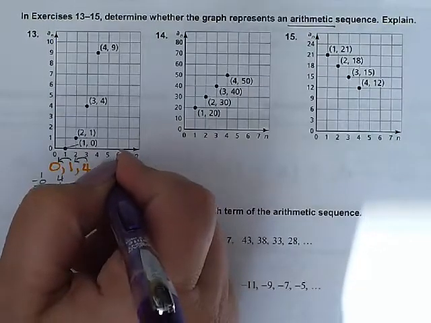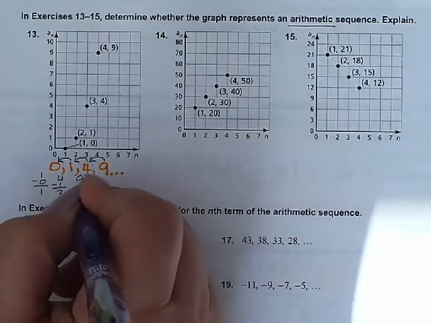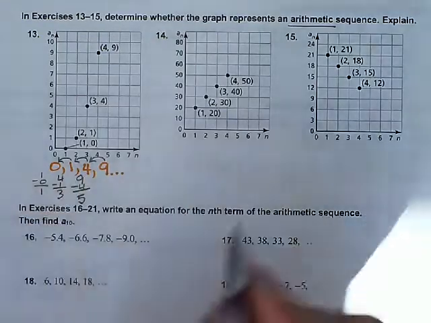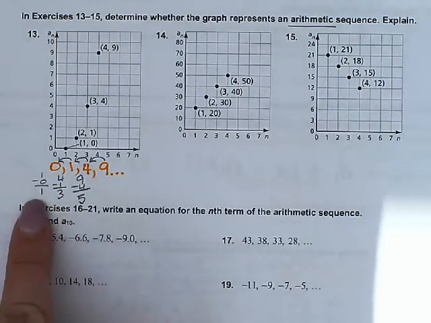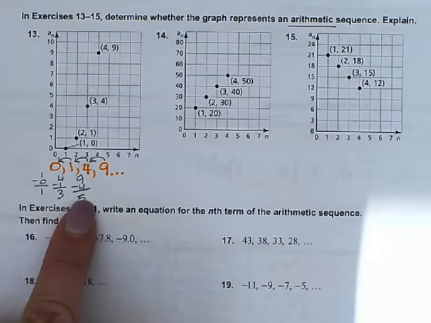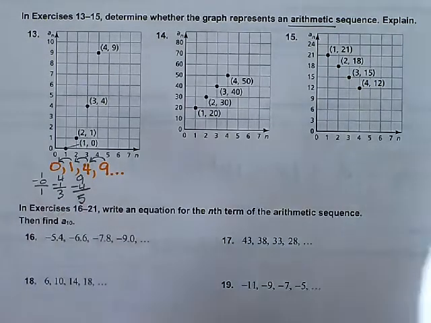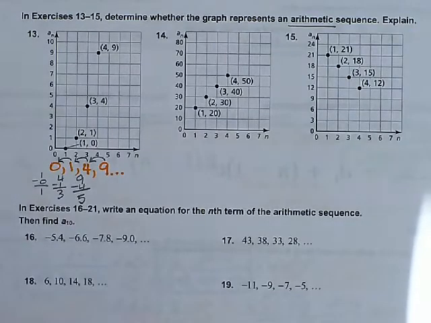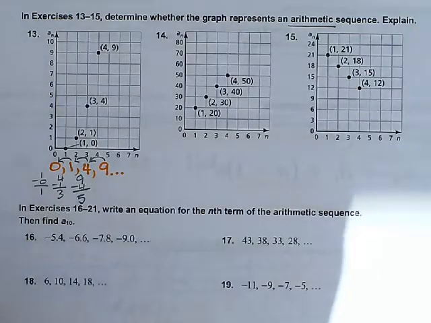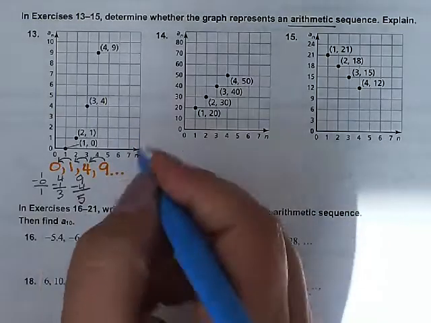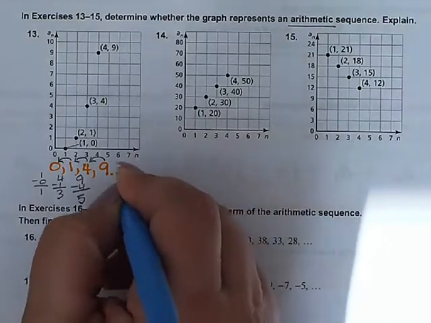And if I try the next one, 9 minus 4, that's 5. There is not a common difference. The difference changes every time. I have a difference of 1, then I have a difference of 3. Is there a pattern? Sure, but that's not what we're asking. We're asking is this arithmetic? And with that evidence in hand, we can very decisively say, no, this is not.